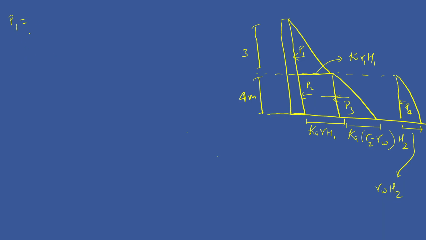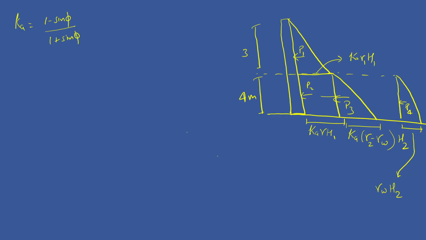Then P1 will be half. First we need to calculate K. Since the friction angle is the same for both soils, the coefficient of earth pressure for the active case can be calculated using 1 minus sine phi upon 1 plus sine phi.